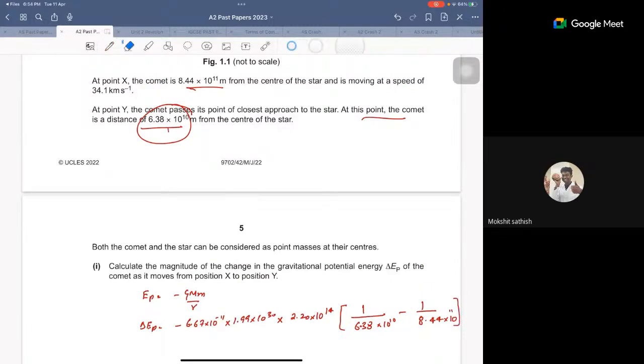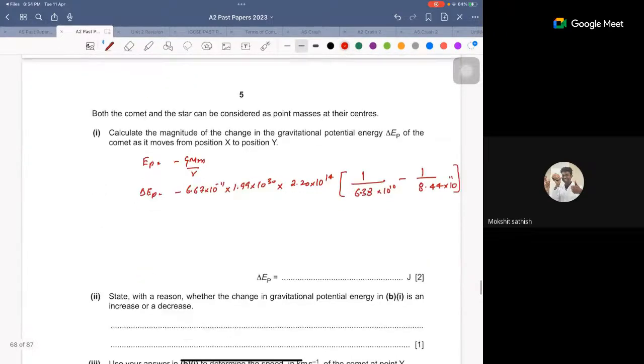Okay. So basically, I had to find the change in potential. Change in potential was minus GMm over r, right? So minus GMm over r1 and minus GMm over r2. Do you get it?